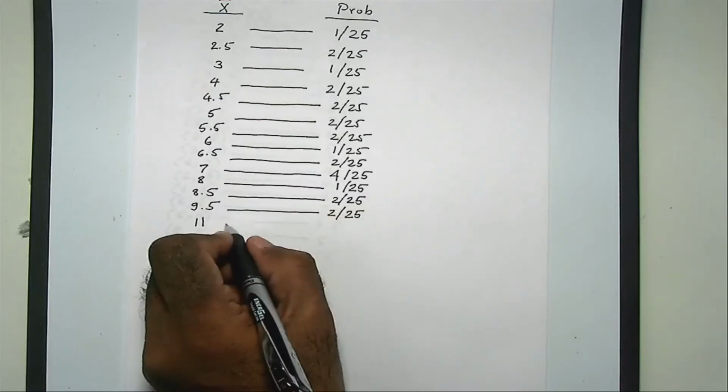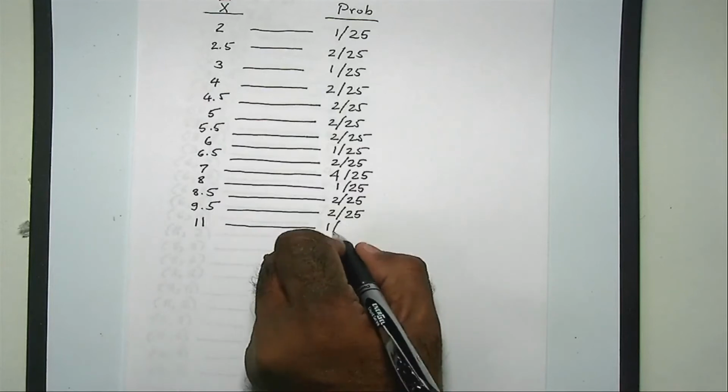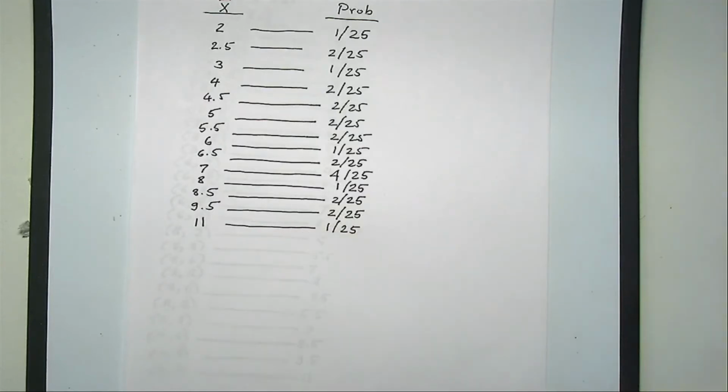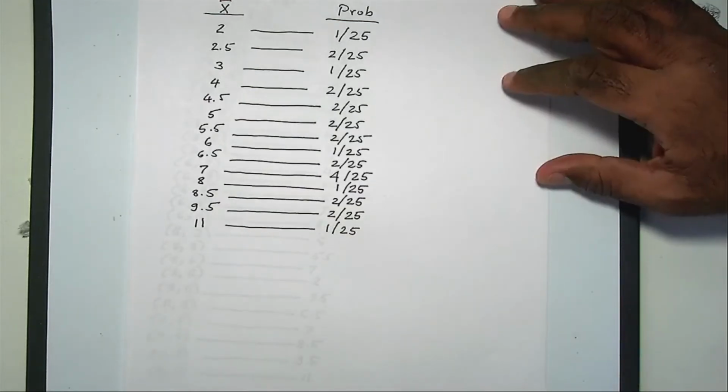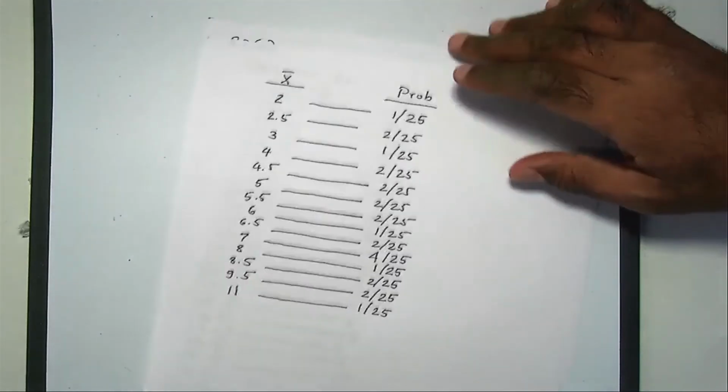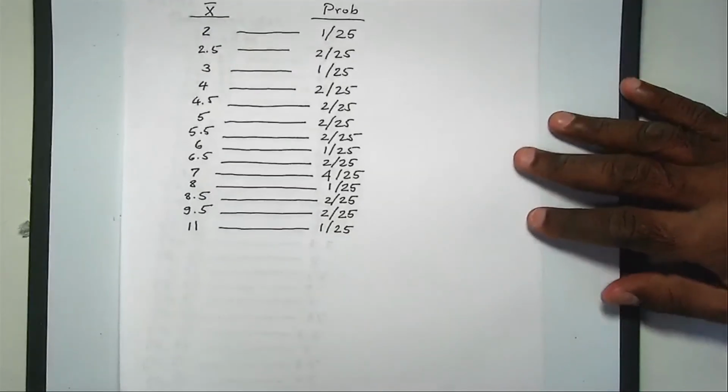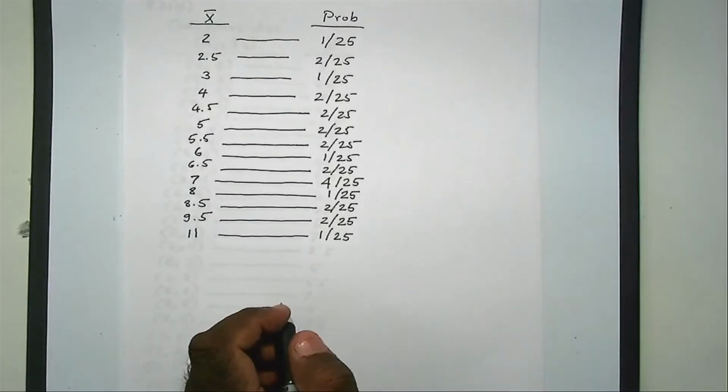And finally 11, you have 1 outcome. So this table here constitutes the probability distribution for X bar being the average of X1 and X2.